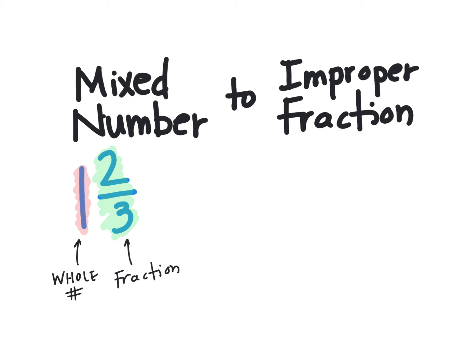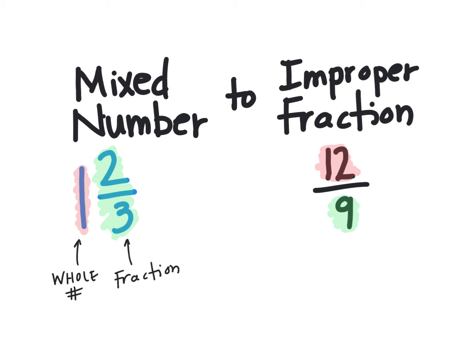Okay? And then we have a second kind of fraction, which is an improper fraction, something like, we'll say 12/9. We call it improper because the top, the numerator, is bigger than the denominator. So it's improper. It is not proper because one is bigger than the other.